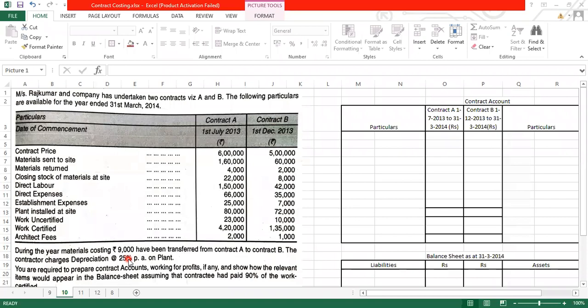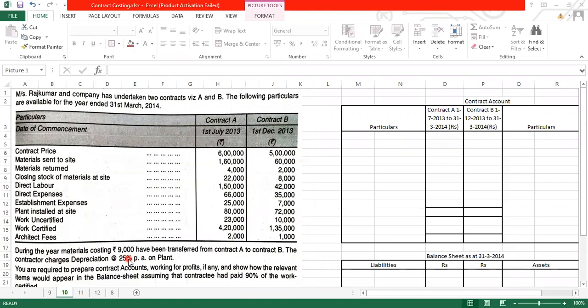The contractor charges depreciation of 25% on the plant, but remember the commencement dates are different. So the charging of depreciation also will be different. That means for the first year, for contract A it will be for 9 months, for contract B it will be for 4 months.